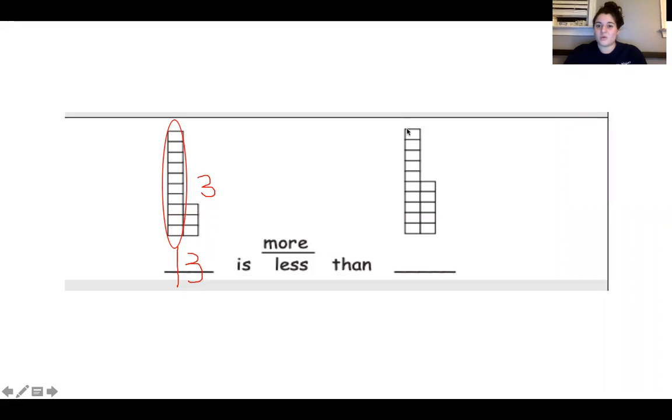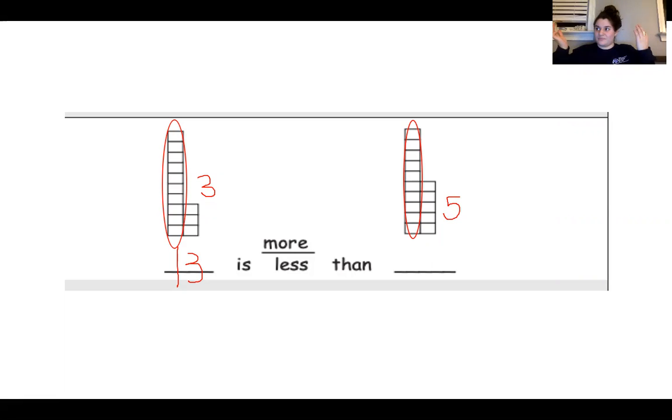Let's count. 1, 2, 3, 4, 5, 6, 7, 8, 9, 10. Let's circle it. My group of 10. Let's count the leftovers. 1, 2, 3, 4, 5. 5 left over. 10, 5.